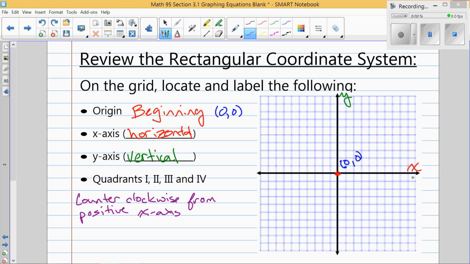So this is the positive x-axis on this side. This is the positive y-axis. This would be the negative x-axis, and this is the negative y-axis.